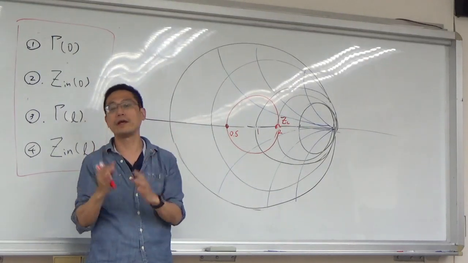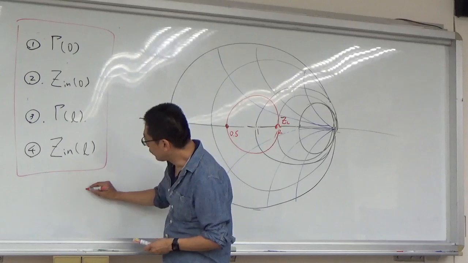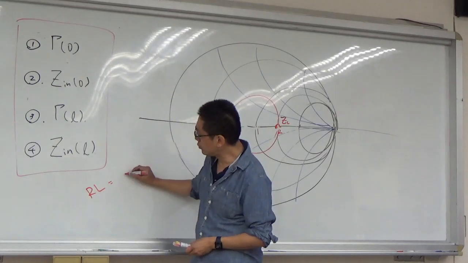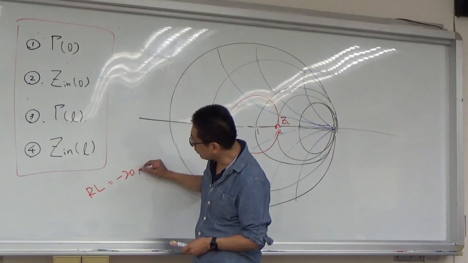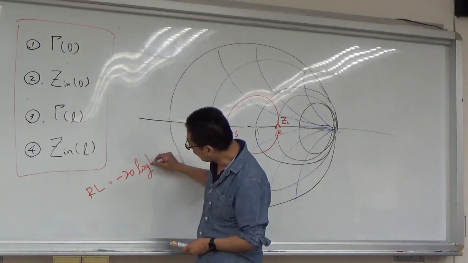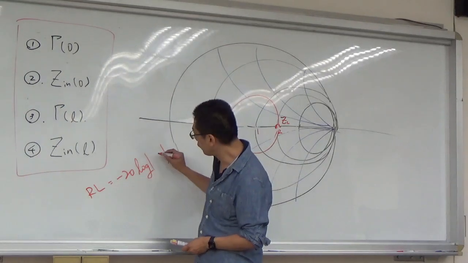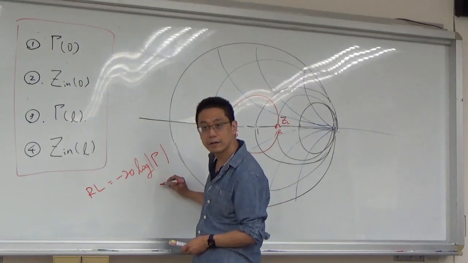When you calculate the return loss, the equation is minus 20 log of the reflection coefficient gamma, right?